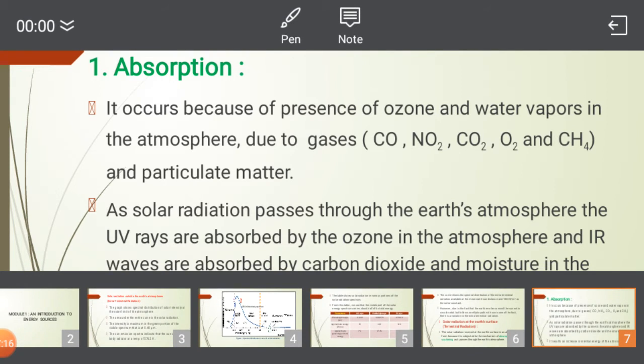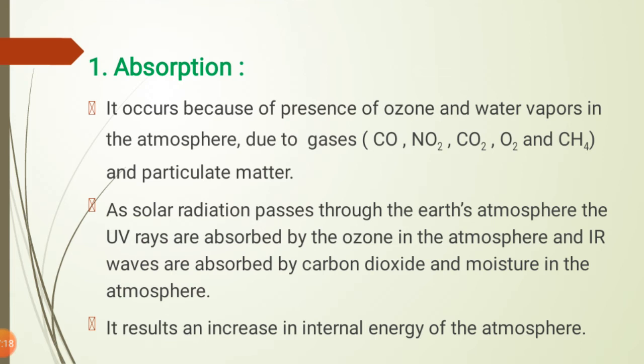Absorption takes place when the radiation coming from the sun is absorbed by the ozone layer or the water vapors in the atmosphere, the gases like carbon dioxide, carbon monoxide, nitrous oxide, oxygen or methane, and the particulate matter, so that we get less intensity.